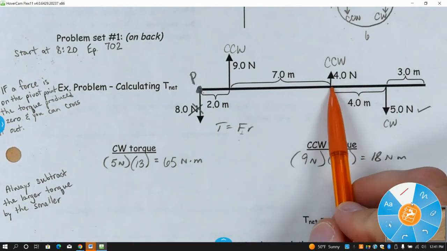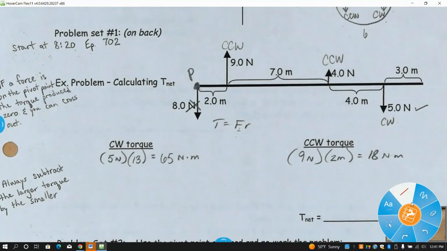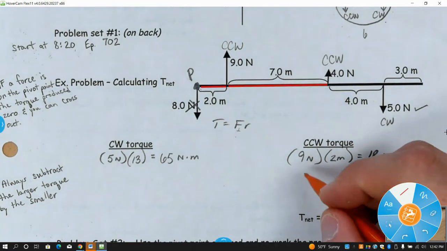And then the 4 Newton force. A couple of people on the quiz today just said 7 because they saw that little distance there. Well, the 4 Newton force is 7 meters away from the 9, but it's also this additional 2 meters. So how far is it away from P in total? 9.